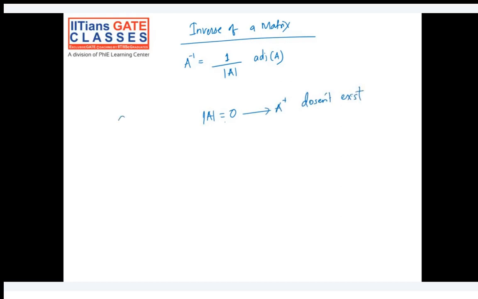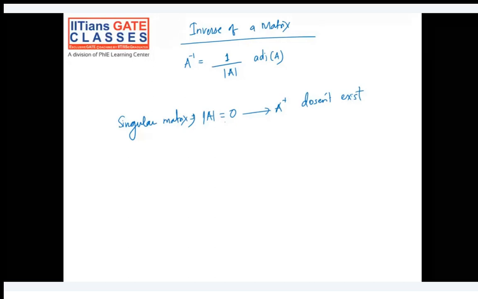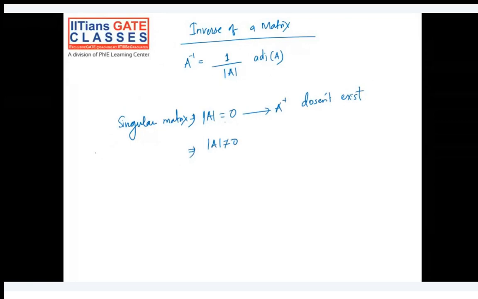So a singular matrix is the one where we have determinant equal to 0. Determinant 0 means it's a singular matrix; inverse can't be found. And if determinant is not equal to 0, it's a non-singular matrix. Inverse exists.